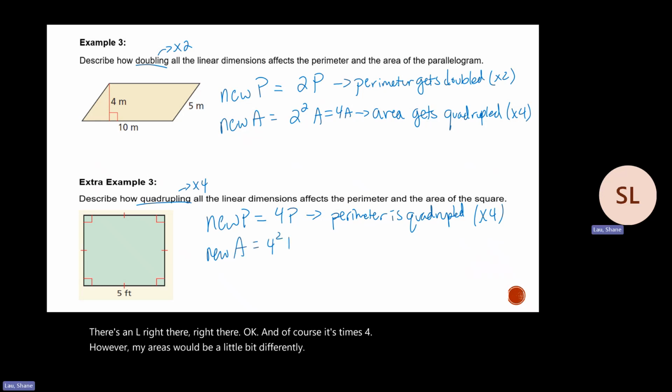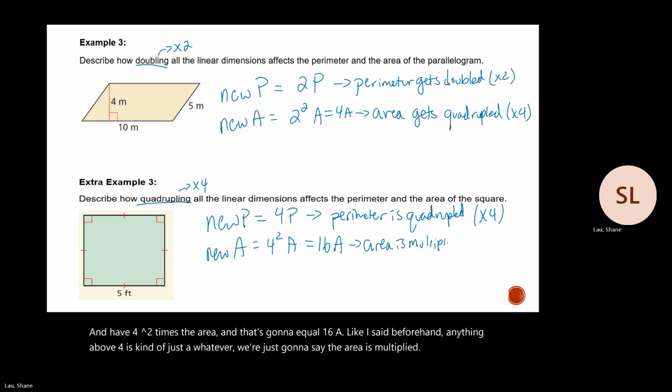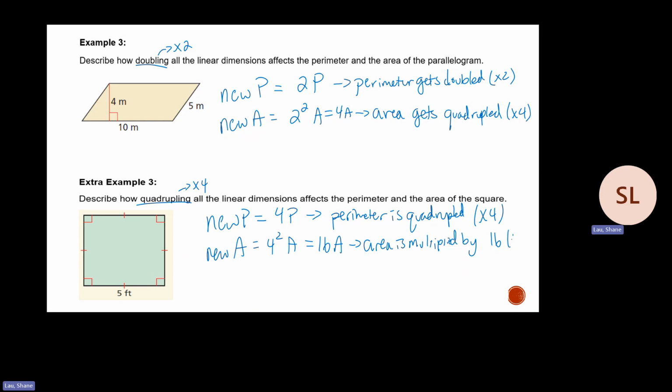I'm going to have 4 squared times A, the area, and that's going to equal 16A. Well, like I said beforehand, anything above 4 is kind of just a whatever. We're just going to say the area is multiplied by 16. And then in our parentheses, we're going to make sure we note 16. Okay, so there we go.